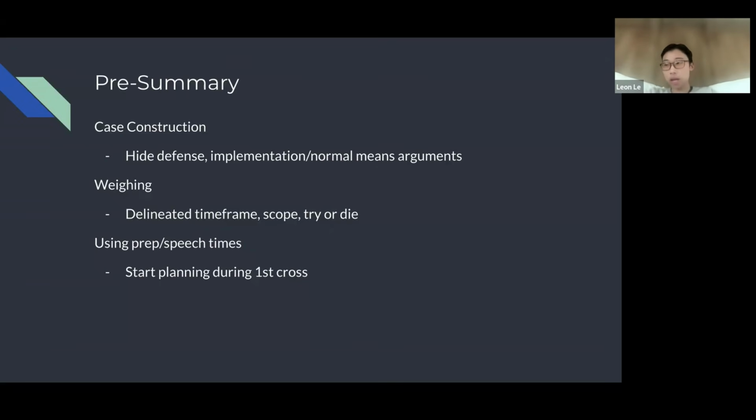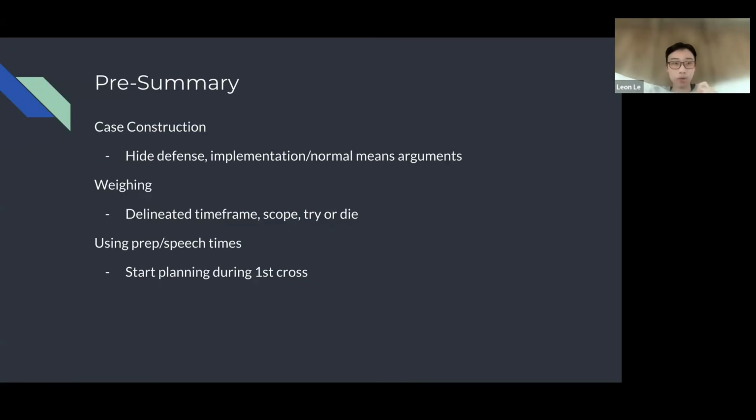The other thing you can do is write turns case weighing for all of your arguments. During first cross, or your partner can also help with this, when you just have some time, you can write some turns case weighing, like, our war scenario turns democracy because states are more likely to adopt autocratic policies in times of war to fight.